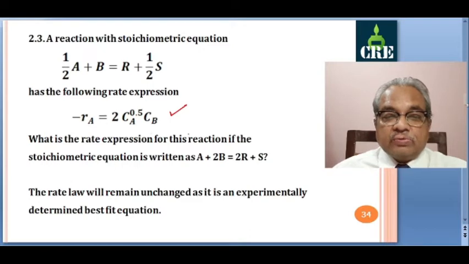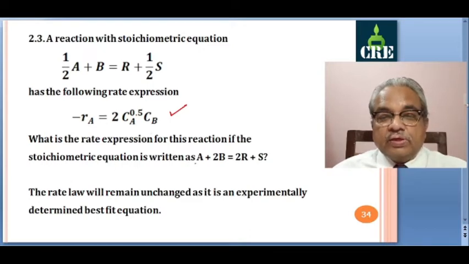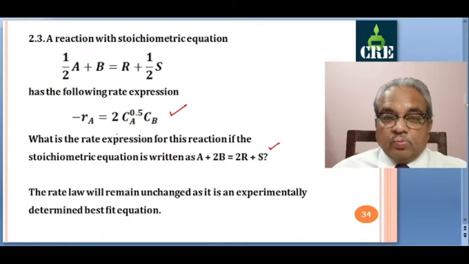What is the rate expression for this reaction if the stoichiometric equation is written as A plus 2B gives R plus S? Okay, just multiplied throughout by 2. Here we have changed the stoichiometric coefficients, but whether you multiply by 2, by 3, whatever, the equation is balanced.